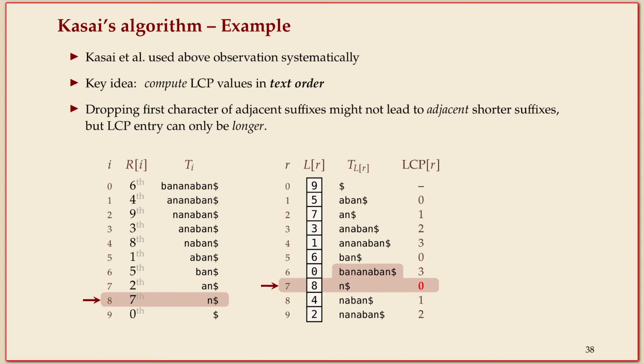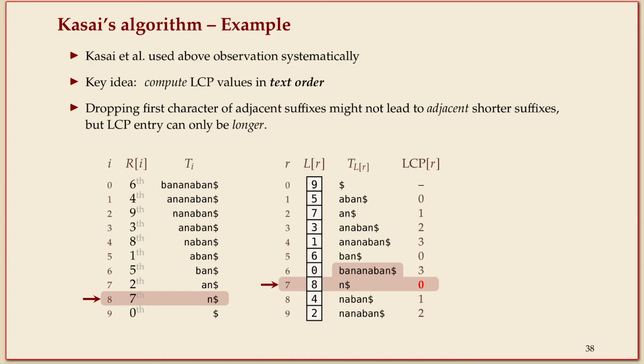And, well, 2 more. And so for the last one, we actually don't have to do anything because the one that has rank 0 is the first in this list, and so there's no predecessor. And that always happens to be the suffix with just the $ sign. So we can just stop at one early. Okay, that's Kasai's algorithm for computing these LCP values.